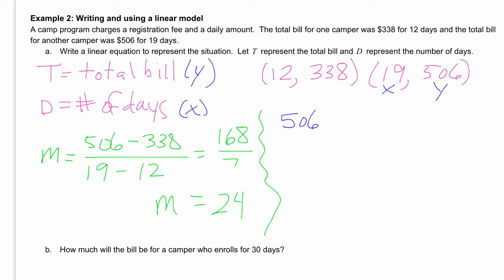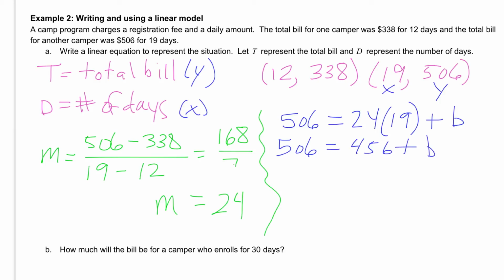So I have 506 equal to my slope, which is 24, times 19, which is my x, plus b. 24 times 19 is 456. And then I want to subtract that 456 from both sides, and I get b equal to 50.